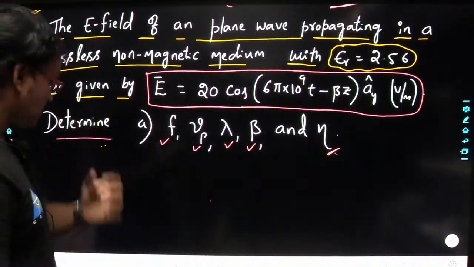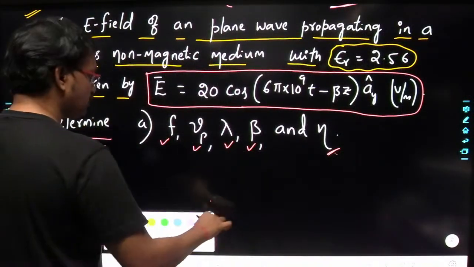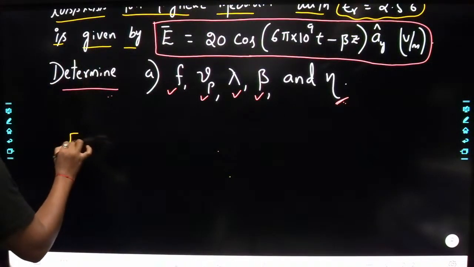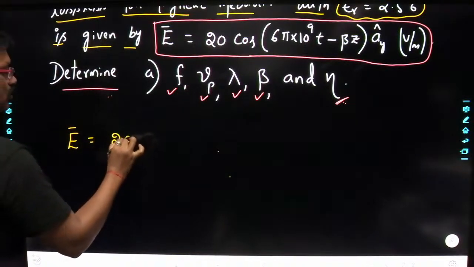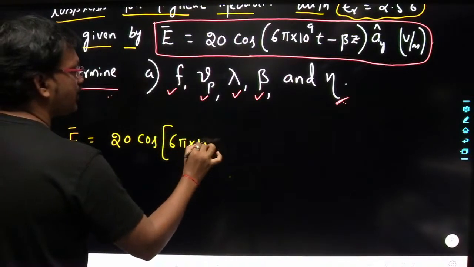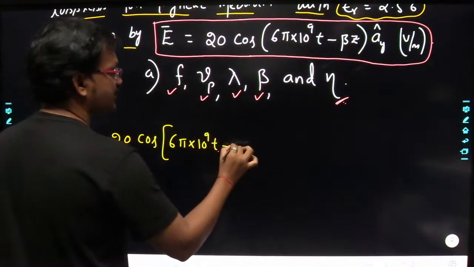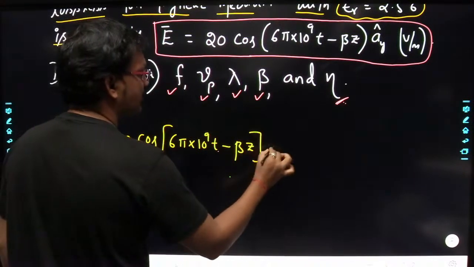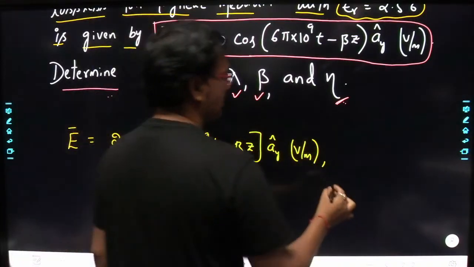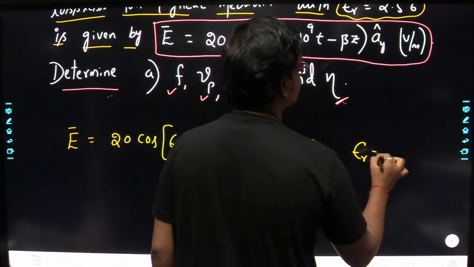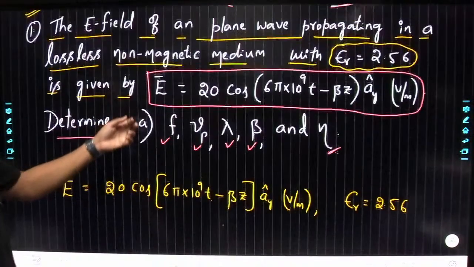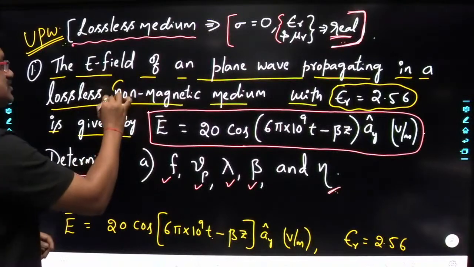Now, what they have given: the expression for electric field, E bar is equal to 20 cos of (6 pi into 10 to the power of 9 t minus beta z) ay cap volt per meter. And also they have given the relative permittivity of the medium, epsilon r is equal to 2.56. One more thing you have to observe here is that the medium is non-magnetic.